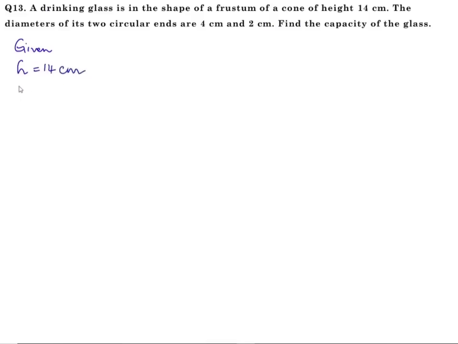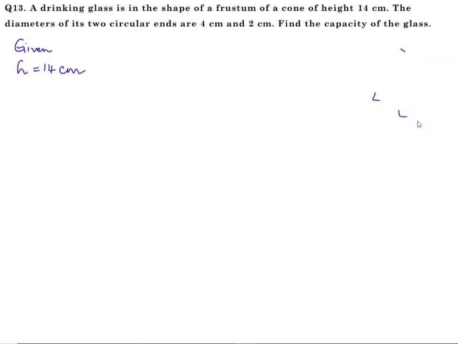The diameters of the two circular ends are 4 centimeter and 2 centimeter. The glass is in the shape of a frustum of a cone. The height is 14 centimeter, and the diameters are 4 centimeter and 2 centimeter.